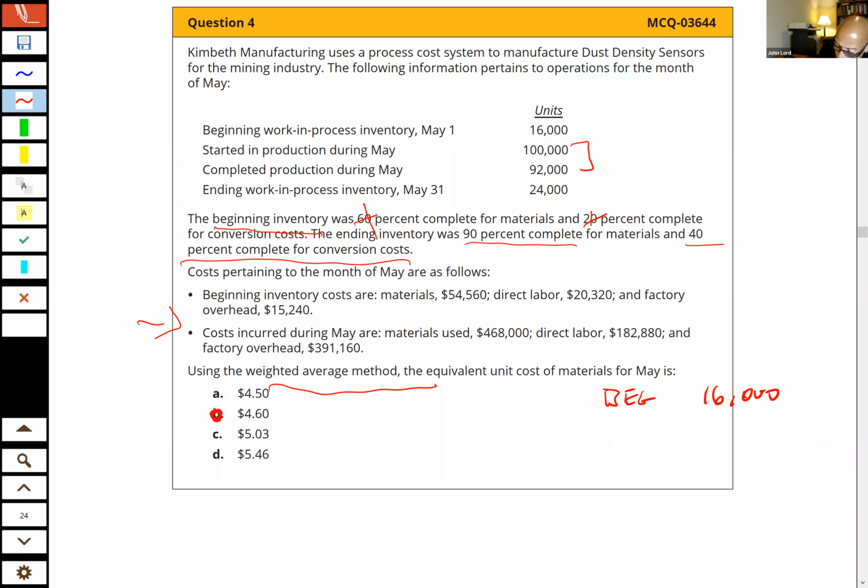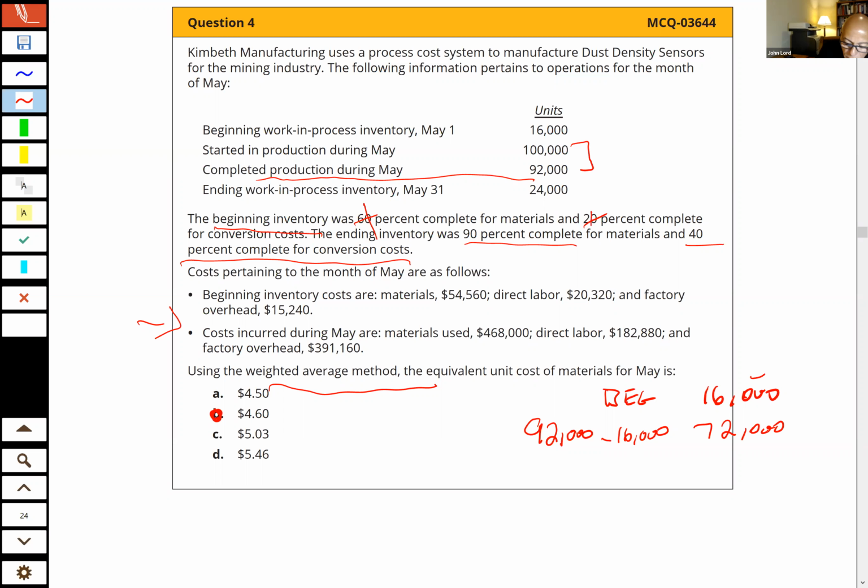I like to say, well, look, if I'm sitting here and they had 92,000 units completed, that means that they also completed those 16,000, didn't they? But I already give myself credit for those 16,000 up there for the 100%. So I subtract this 16,000. That gives me what? 72,000 that I bring over.